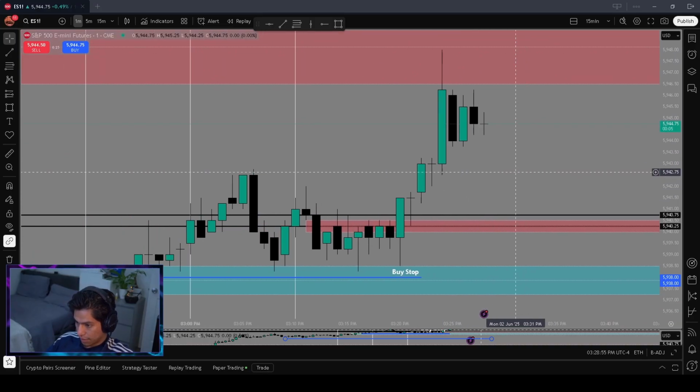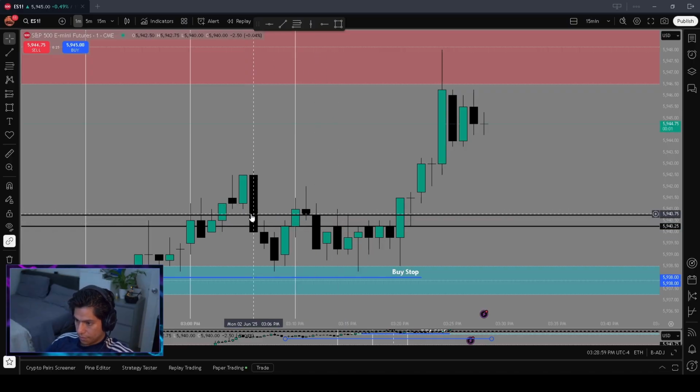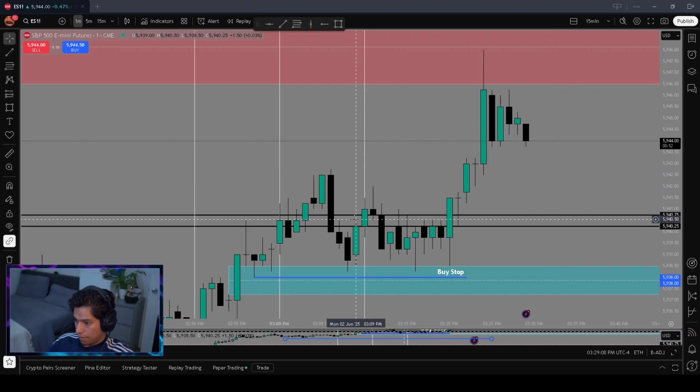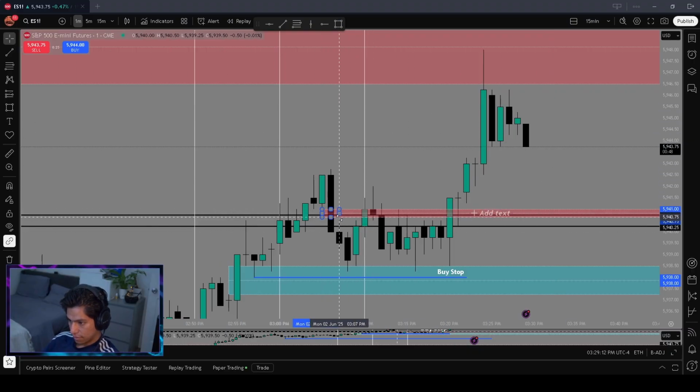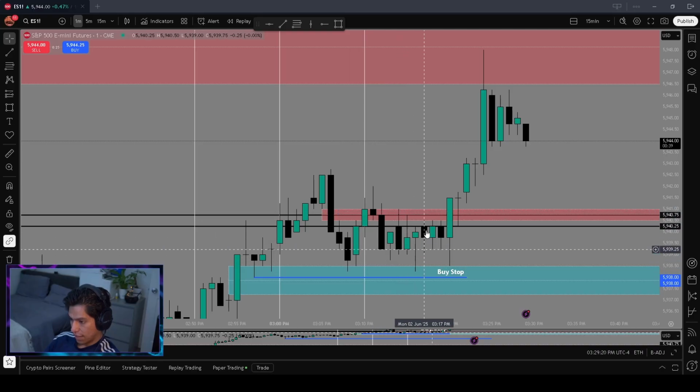Just so I can explain it again, we're going to remove this. So we did have a sell side fair value gap here, and then we also created one here. But overall, I wasn't letting this affect me, because a lot of traders would think it's a sell-off, more importantly because the bodies of the candles and the wicks are reacting off, and we think it's going lower.